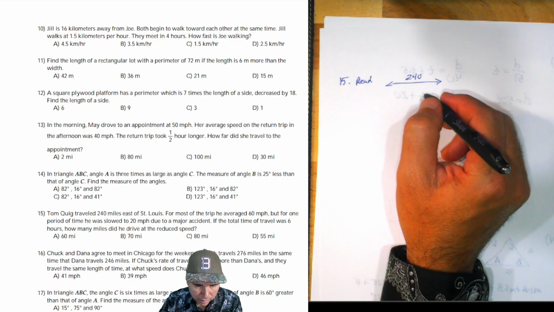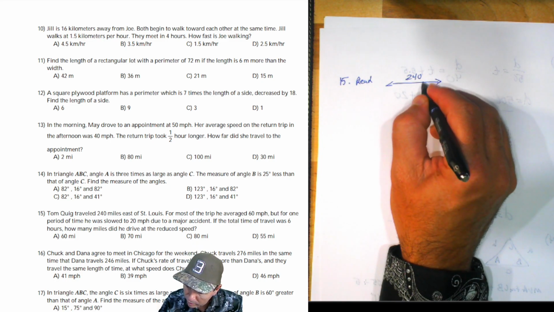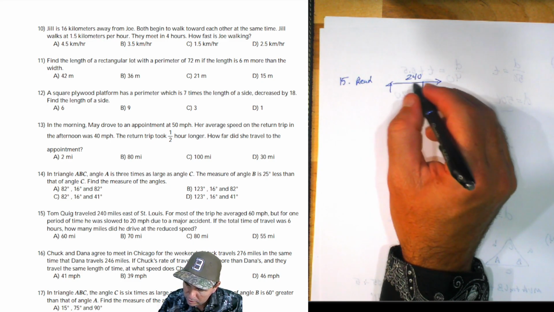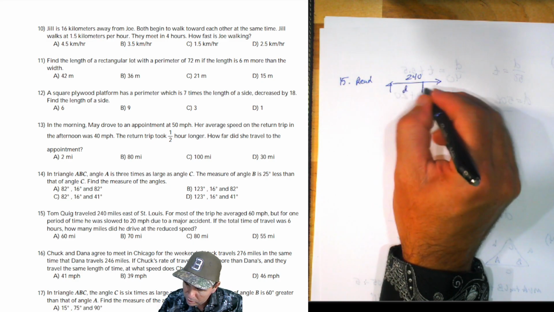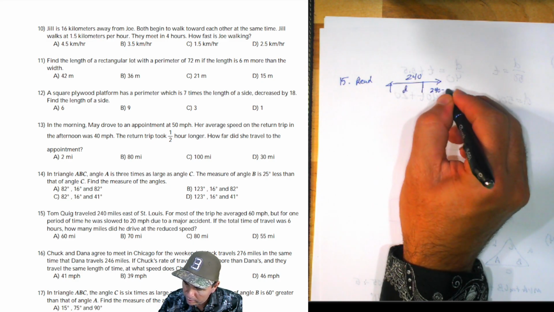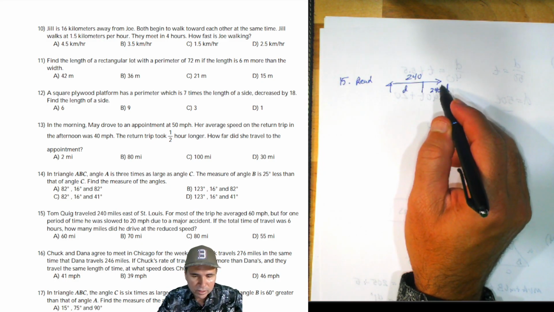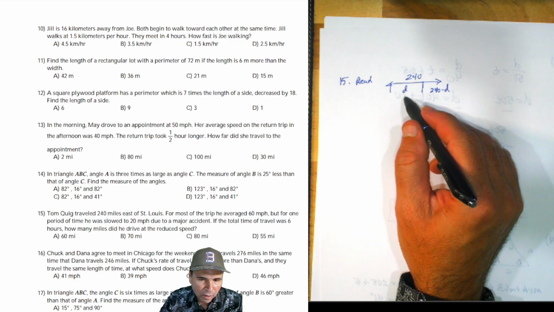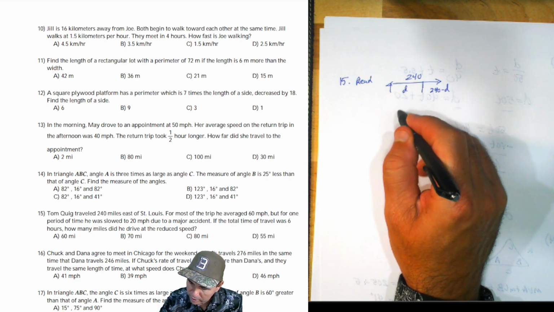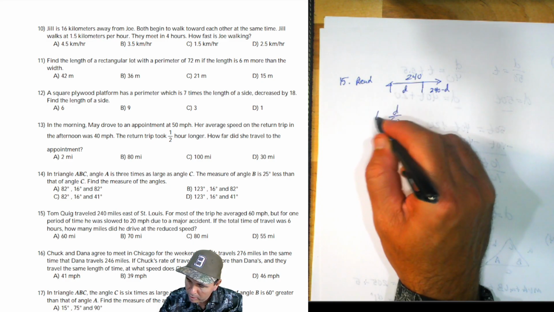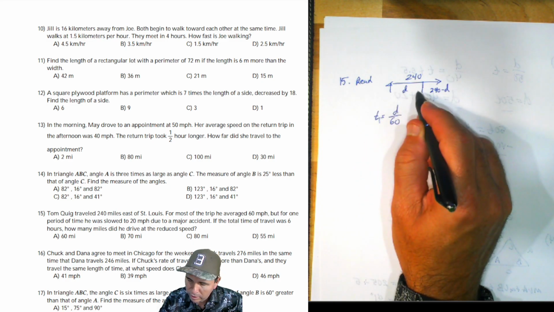It says that for most of the trip he averaged 60. So most of the trip, let's call that some distance d, and this last section would be 240 minus d. If I take d and divide it by 60, that's going to give me the time it took to get to here.